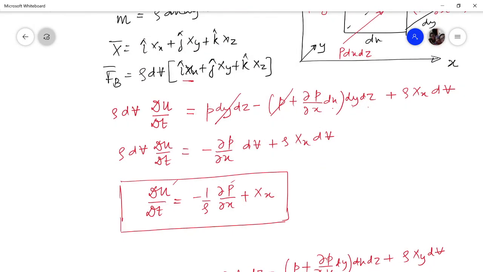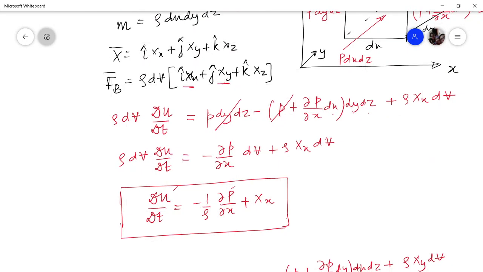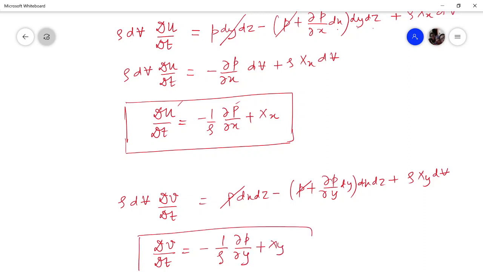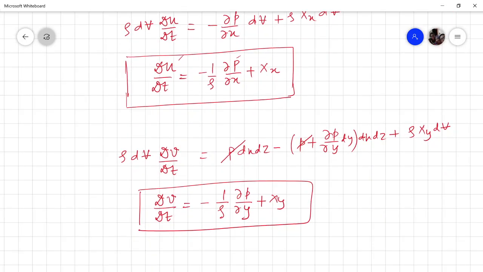That is equal to mass times acceleration in the y direction. That is, rho dV is the mass and the acceleration in the y direction is the substantive derivative of the y component of velocity. If you solve this and divide by rho dV, you get dv/dt is equal to minus 1/rho ∂p/∂y plus Xy. So this is the y component of Euler's equation or momentum equation.